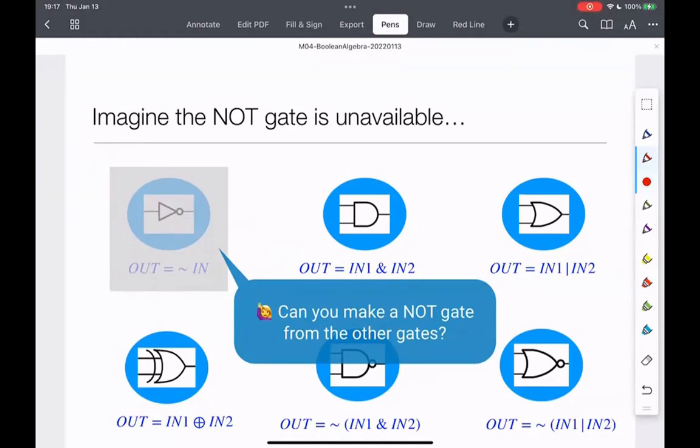We cannot make a NOT gate from AND. We cannot make it from NOR. Sorry, from OR. Can you make a NOT gate from XOR? So if I give you an XOR and you convert it into something which inverts an input.